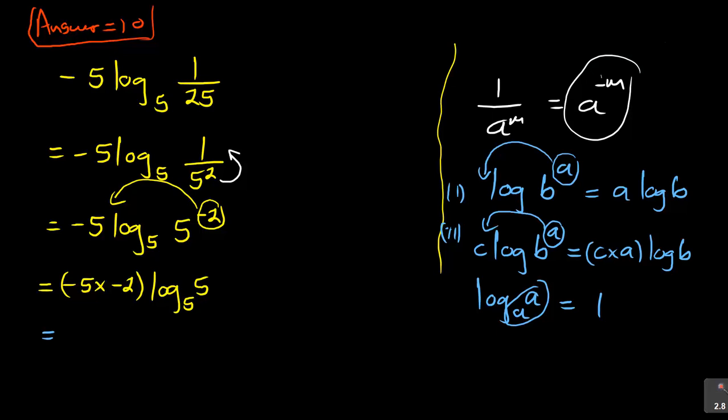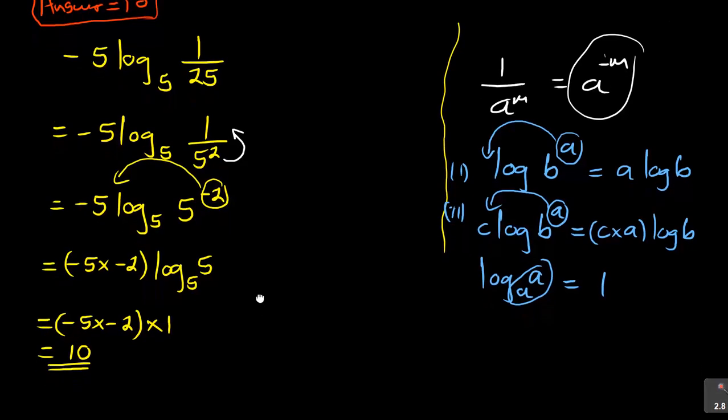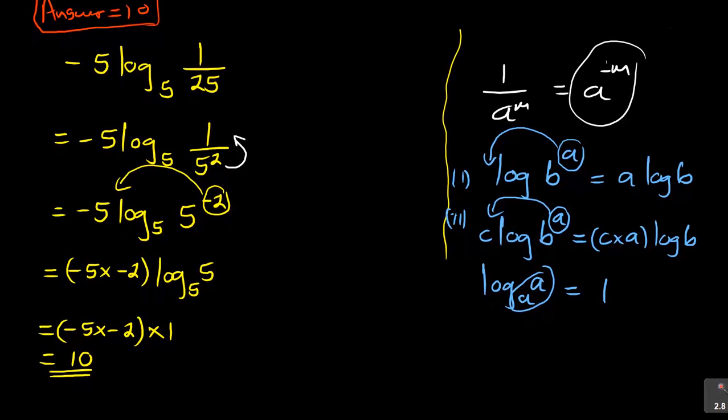So what I will have is, in this case, equal to minus 5 times minus 2, and then log base 5 of 5 is times 1, so it becomes a 1, and then minus 5 times minus 2 is simply equal to 10, proving the answer that I got there, to say this must simply give me a 10. So that was the answer there.